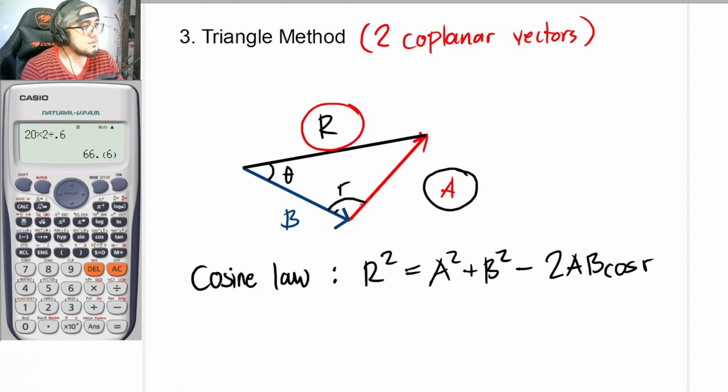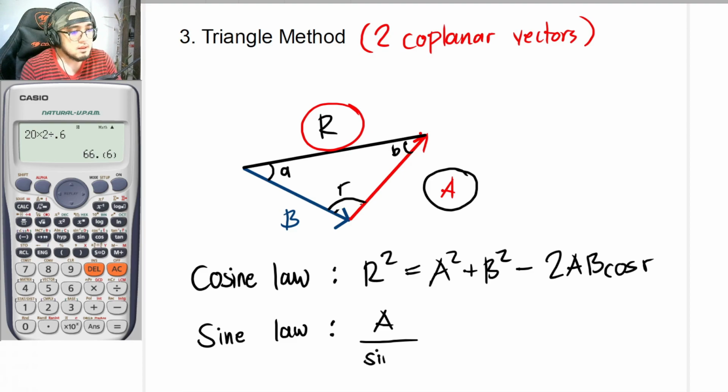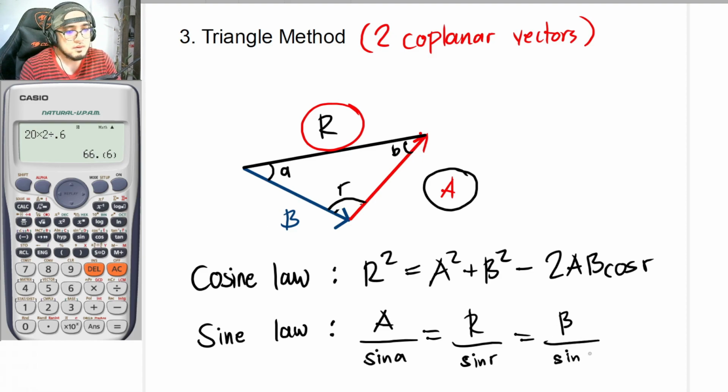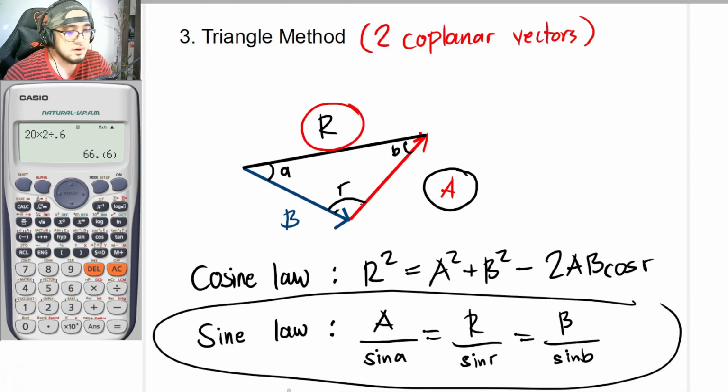Okay, and as for your sine law, let's say that this is to be angle A, this is now to be your angle B, and this is now to be your angle R. So for your sine law, this is now to be equal to A divided by sine A is equal to R divided by sine R is equal to B divided by sine B. So you can make use of any of these functions.